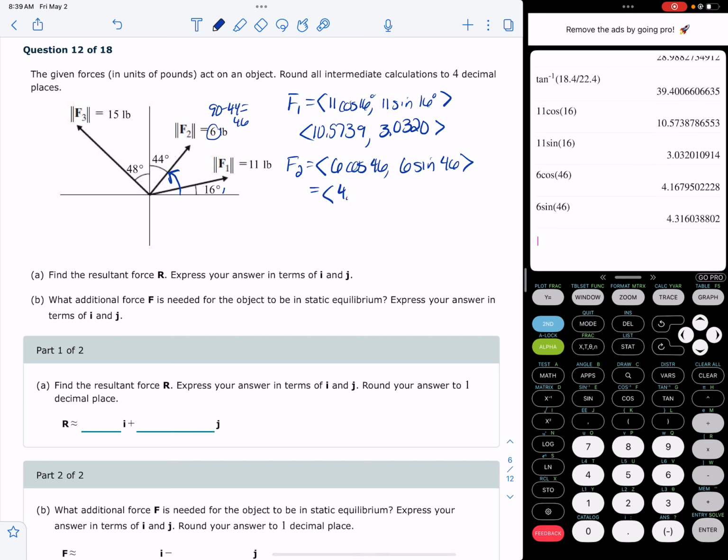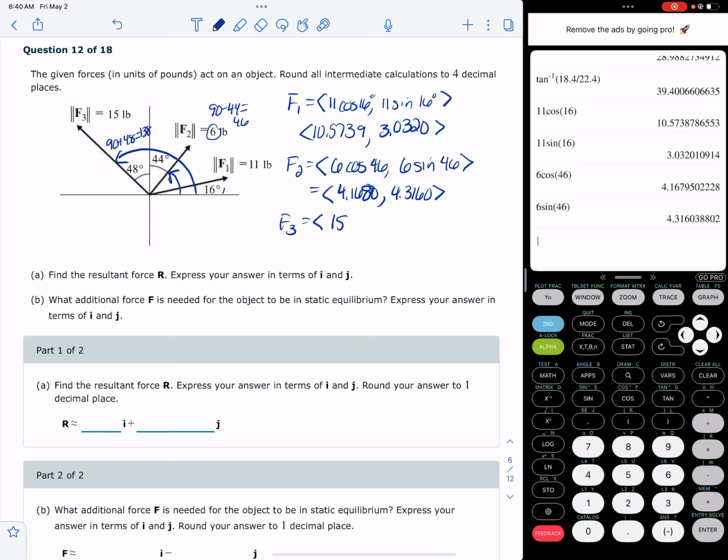And for force 3, we need this angle, which would be 90 plus 48, or 138.